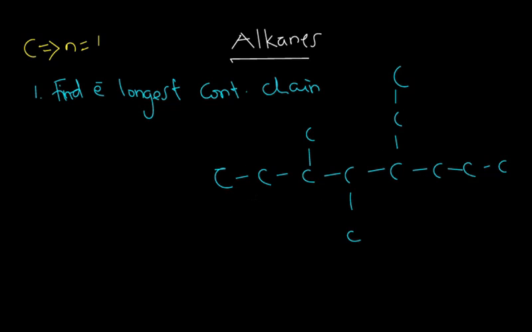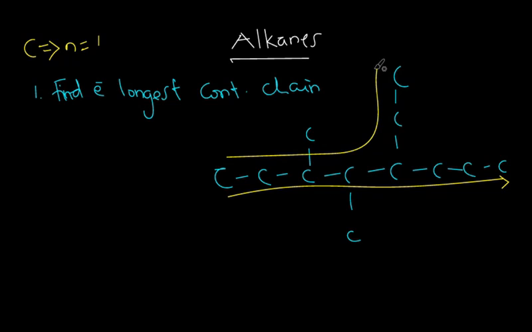If this is our alkane, we need to number the carbons and see which one will give us the longest continuous chain. We can count from here as 1, or we can count this as another one, or we can count from here as another one. So let's look at each of them and see which one will be the longest.